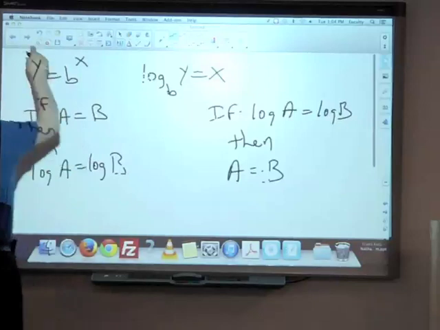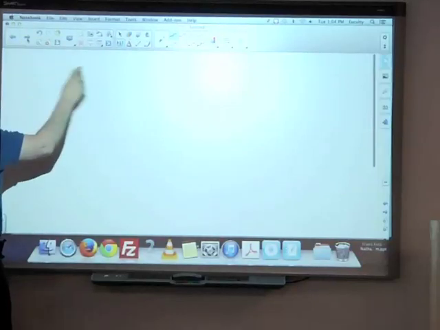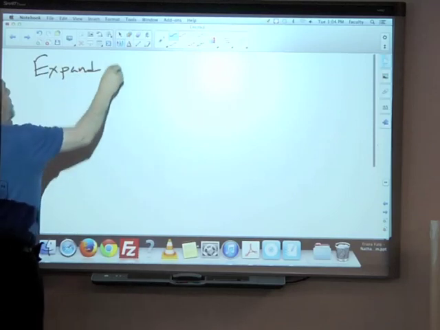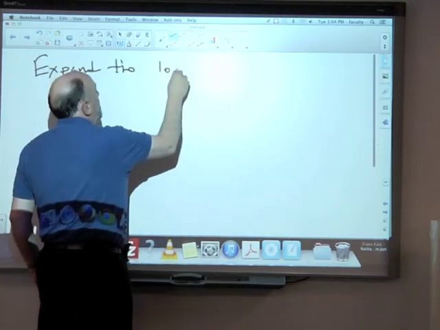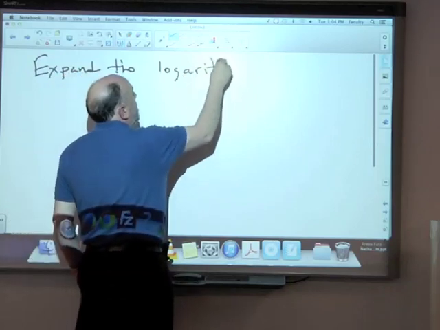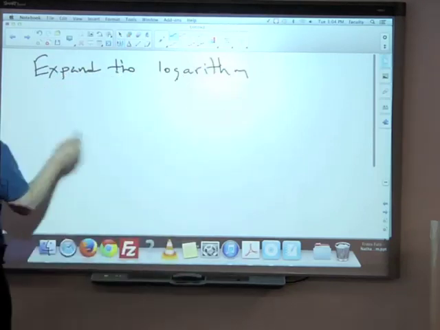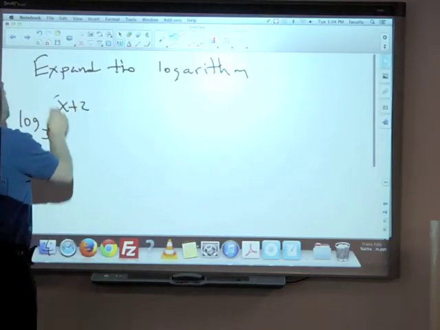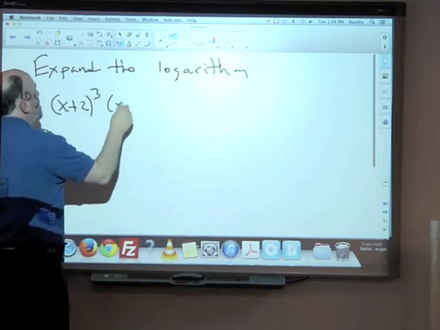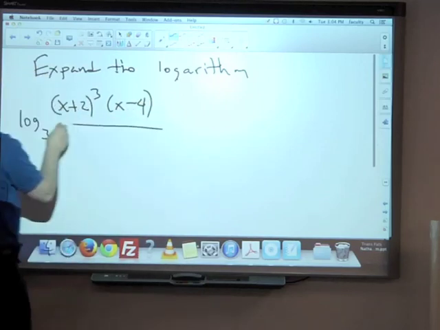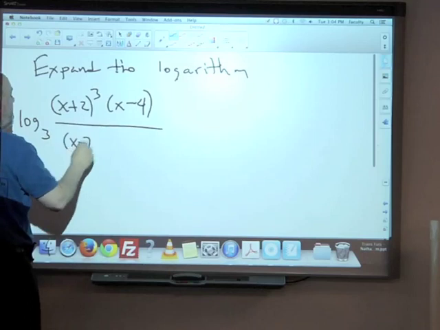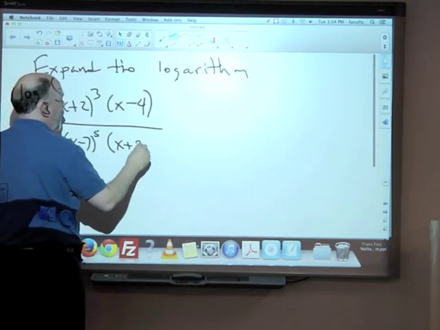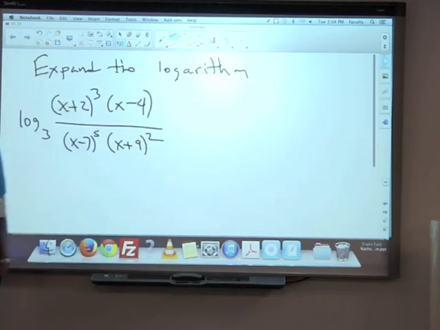So, for example, if I have something like this, and it says expand the logarithm. Let's do this: log base 3 of x plus 2 cubed times x minus 4 over x minus 7 to the 5th times x plus 9 squared.